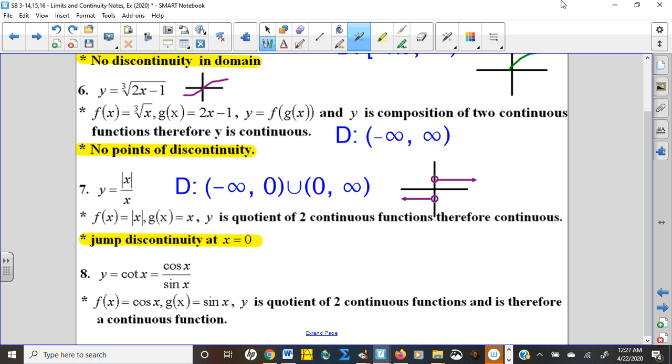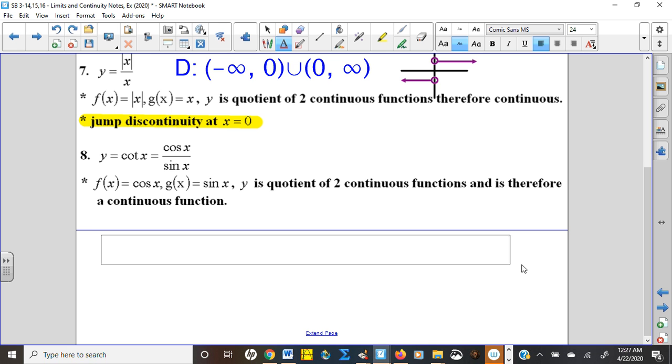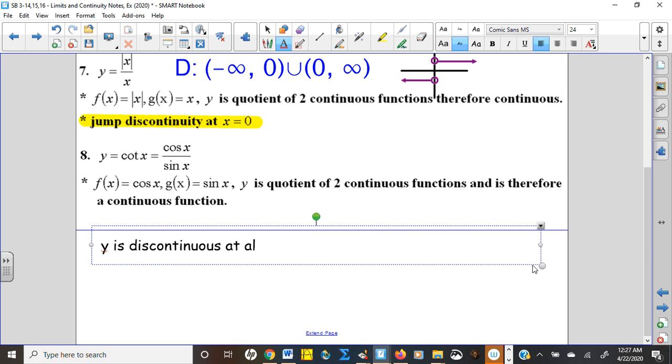So I will tell you right now that the answer for this, in a nice complete sentence, number 8 here should have been: y is discontinuous at all integer multiples of pi.